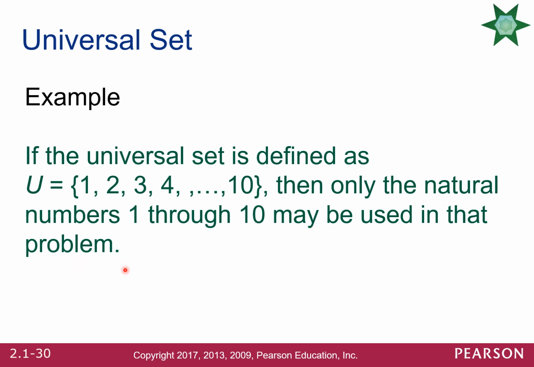So if we are to create smaller subsets from this universal set, or from this universe of values, then the numbers in the subsets better be values between 1 and 10. So it all depends on how the universe is defined.